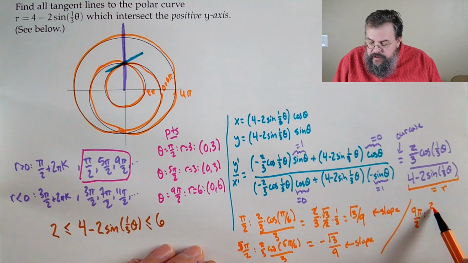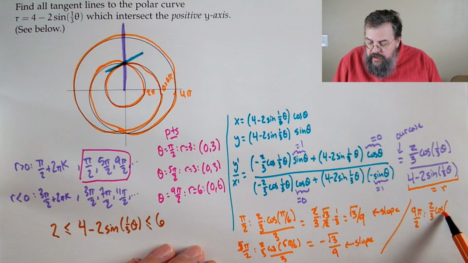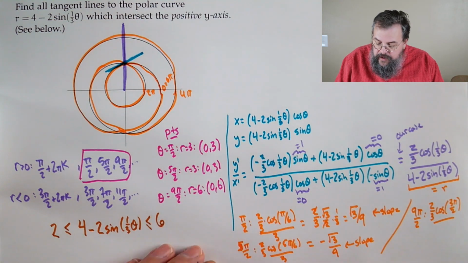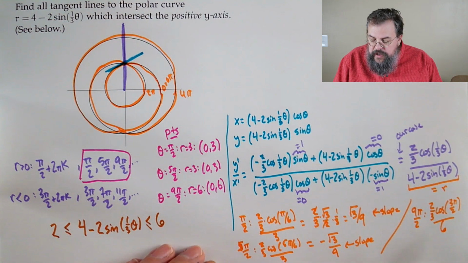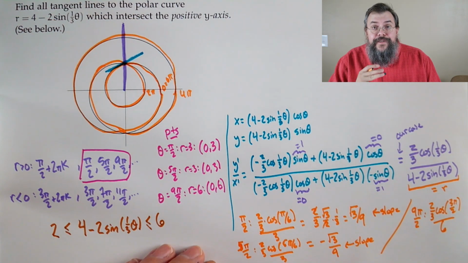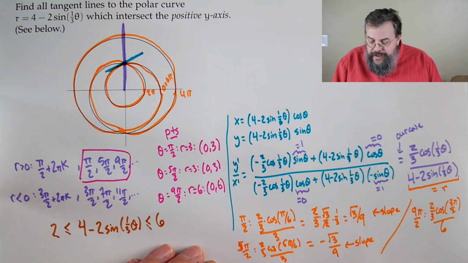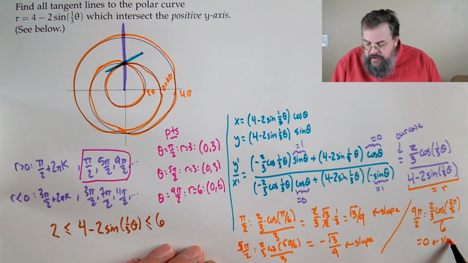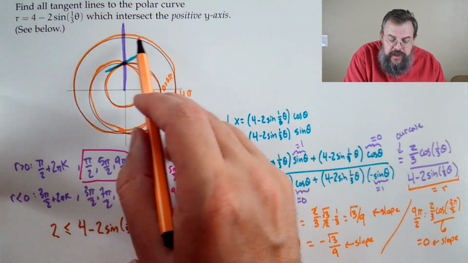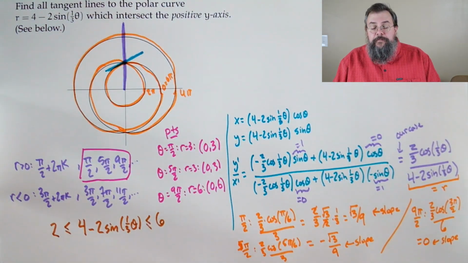So 2/3 cosine 3 pi halves divided by our value for r. Our value for r is 6, but it doesn't really matter. What's cosine of 3 pi halves? 0. So this term goes away. That's our slope. So it's flat. And that matches with our picture. It's a flat tangent line.